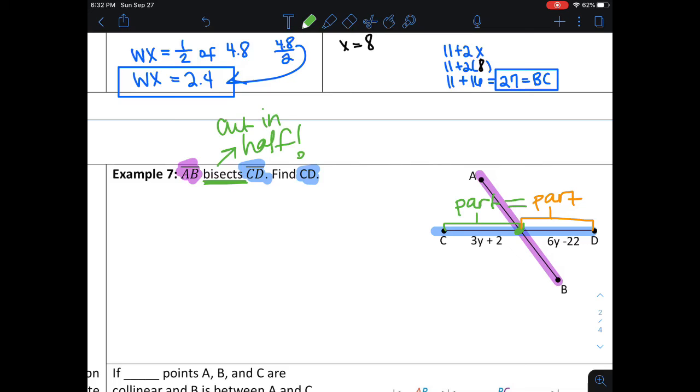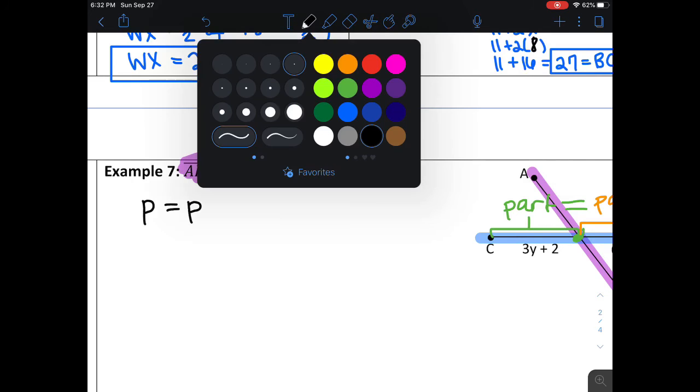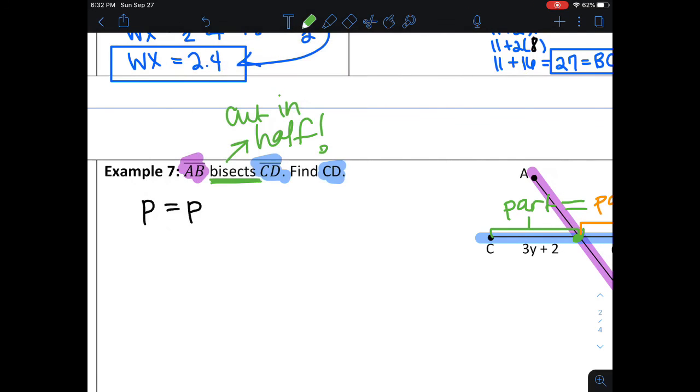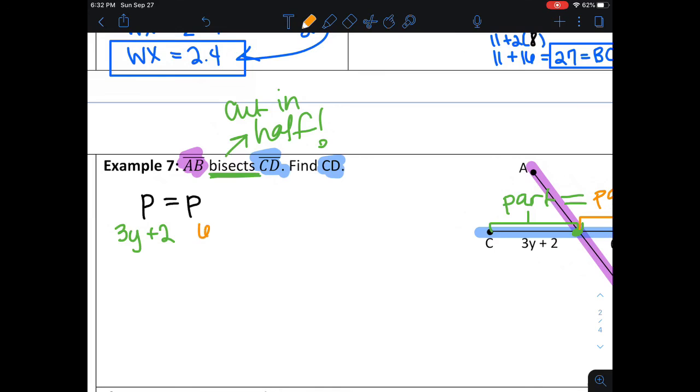Very important to understand that. So yet again, we have a part equals part, and I'm just going to shorten that to P equals P. So that's going to be 3y plus 2 equals 6y minus 22. And those parts are equal. I just wrote that right there.